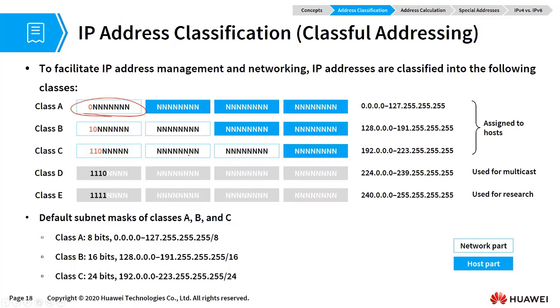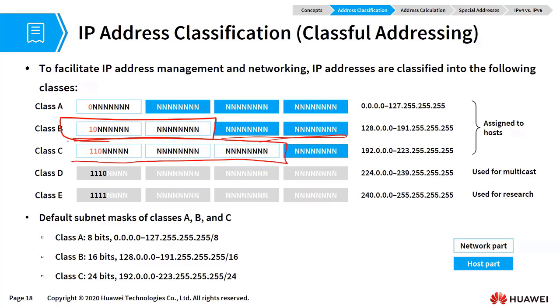A class B address is where the first octet and the second octet are both for the network, and the remaining 2 octets are for the hosts. The third one is where the first, second, and third octets are for the network, and the remaining 1 is for the host.